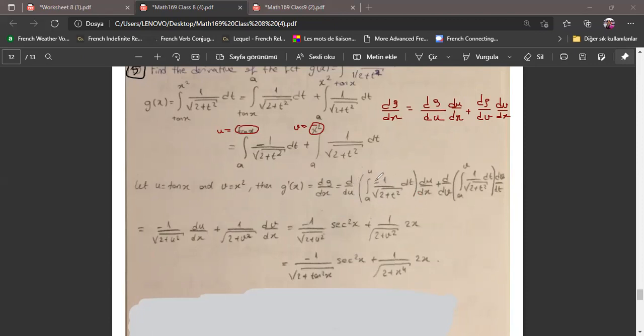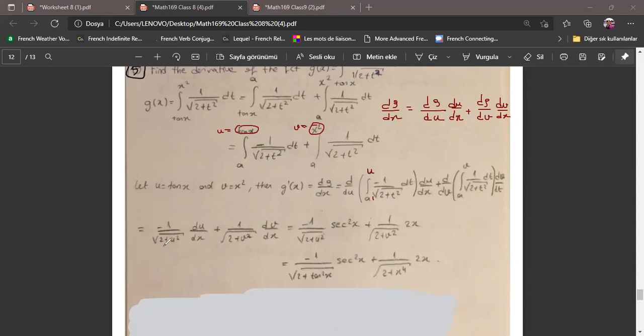If we apply the fundamental theorem, we just need to write t equals to u there, as we have this variable u there, okay? The function is continuous, right? A is some constant, so this function is continuous. As t squared is always positive, the denominator is never 0, so the function is continuous.